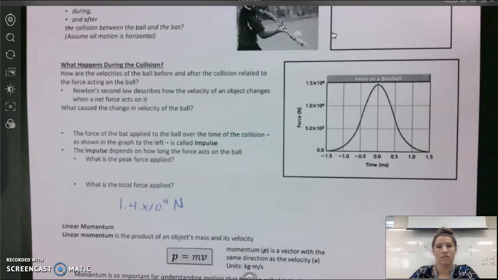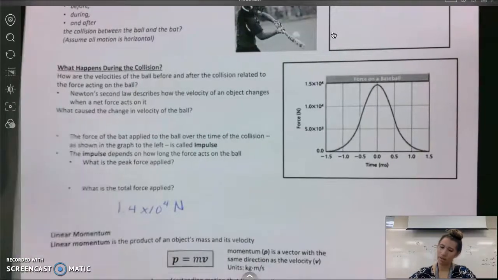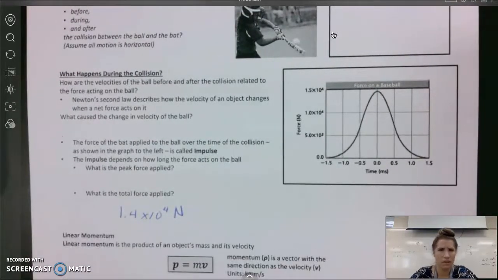Okay, so that is the difference between force and impulse. So on your assignment, I believe that first question has something to do with that, like comparing the two. So impulse is the force over a given amount of time. And then we've worked with forces. We're well acquainted with what a force is.